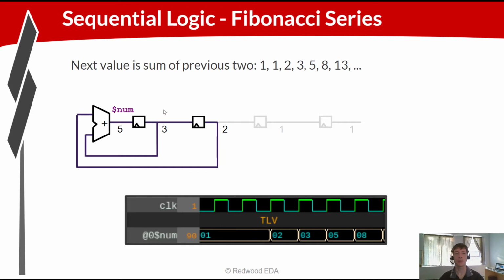And we're going to hold on to the previous value and the previous value by using flip-flops, which are represented like this. And the little triangle here is representing that these flip-flops are controlled by a clock. We're not actually drawing the clock feeding in, but that's implied by these triangles and the icon for the flop.